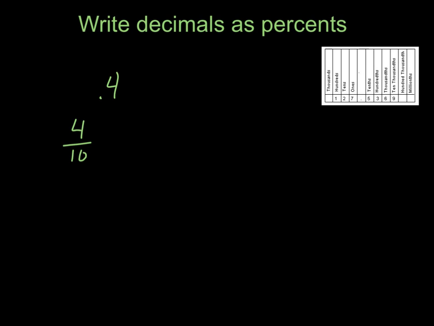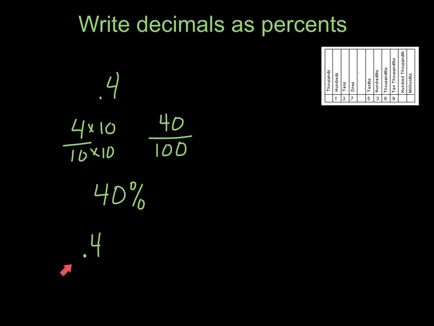So I would want to get this denominator to 100. How can I do that? Well, I could times this by 10. And if I times the denominator by 10, I have to do the same to the numerator in order to keep it equivalent. So I get 40 100ths. Now 40 100ths I can write as a percent because now I have it as 100, and so it would just be written 40%.